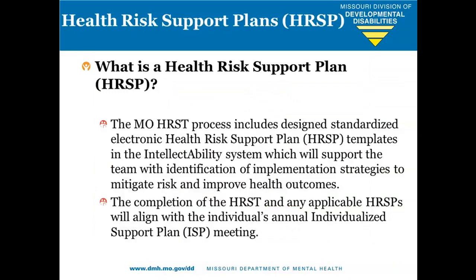So the health risk support plan, we talked about it a little bit, and it's in this system. I was in a work group and we created templates so that the support coordinator, the individual, their family and caregivers, or if they're residential, the RN, can go in with the caregivers and direct support professionals who know them well, and check off what applies.